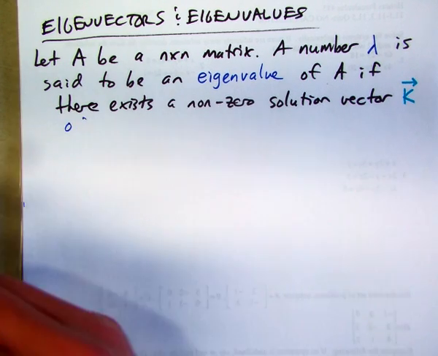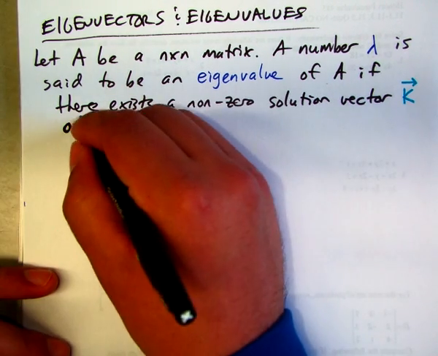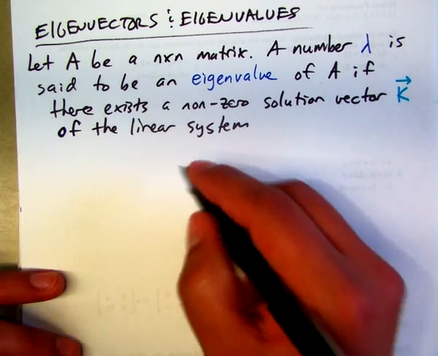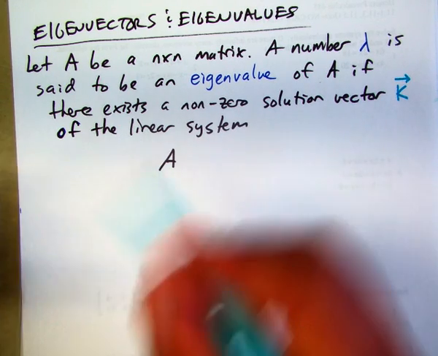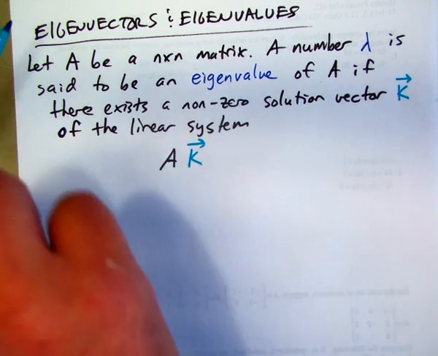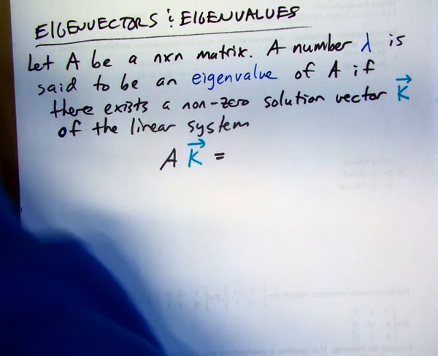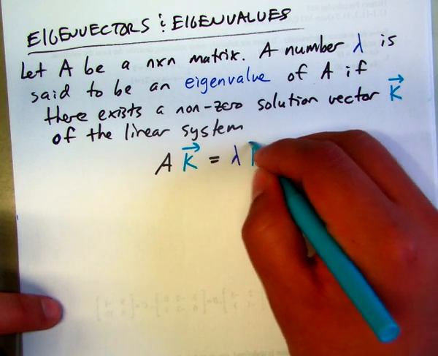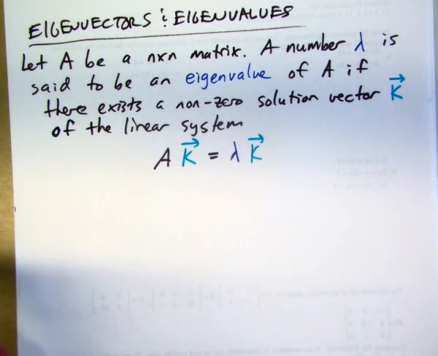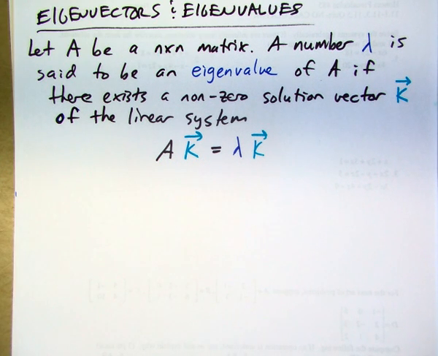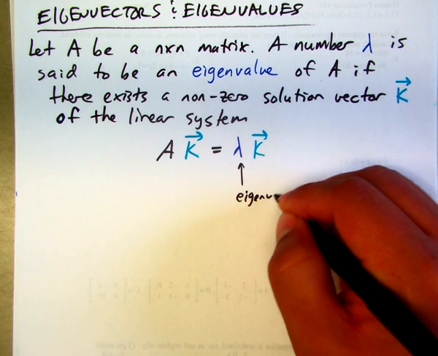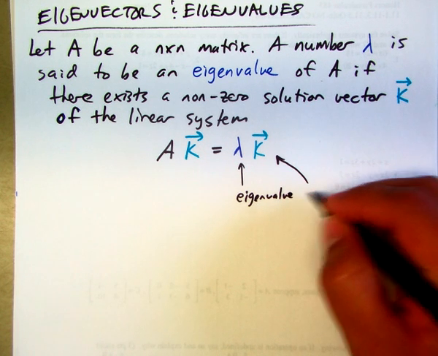of the linear system, oops, mixing up my colors, A times K equals lambda times K. Okay, so this is the eigenvalue, and this is what we mean by eigenvector.